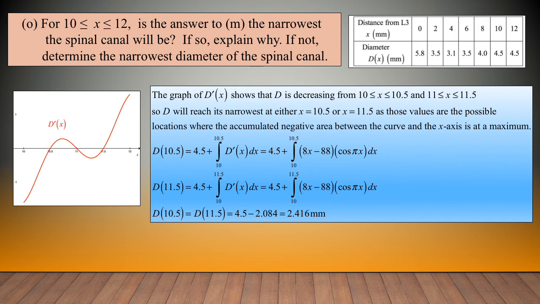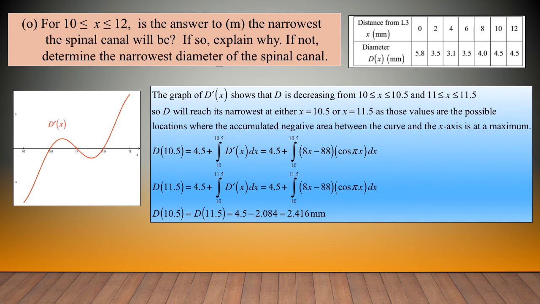And that is 4.5 plus the integral from 10 to 10.5 of 8x minus 88 cosine pi x dx. We just do the same thing for 11.5, and we get 4.5 plus the integral from 10 to 11.5 of D prime of x dx, or 4.5 plus the integral from 10 to 11.5 of 8x minus 88 cosine pi x dx.